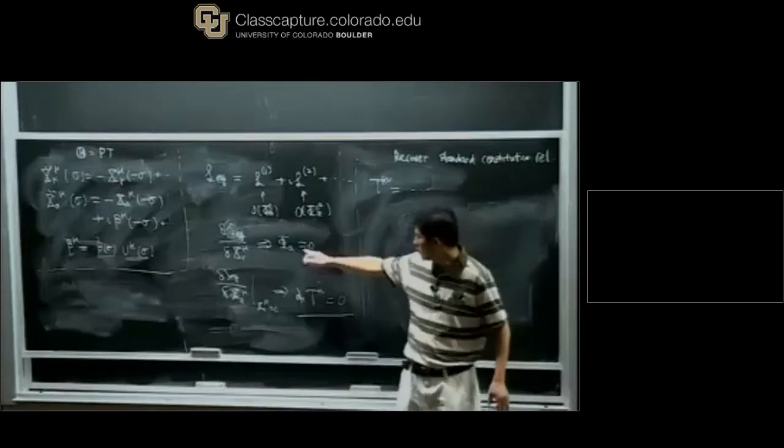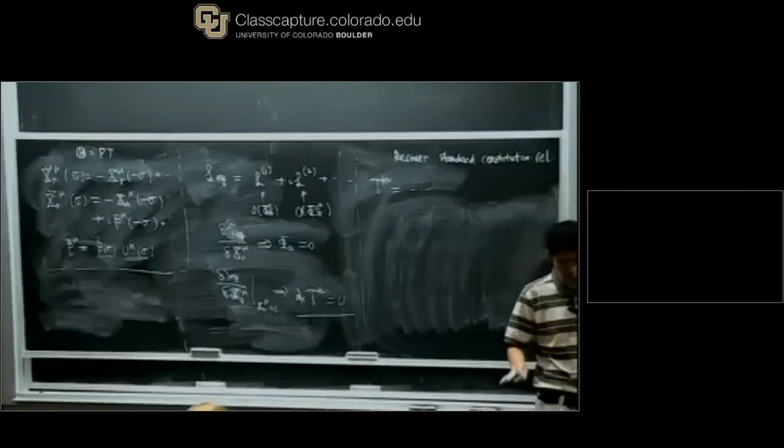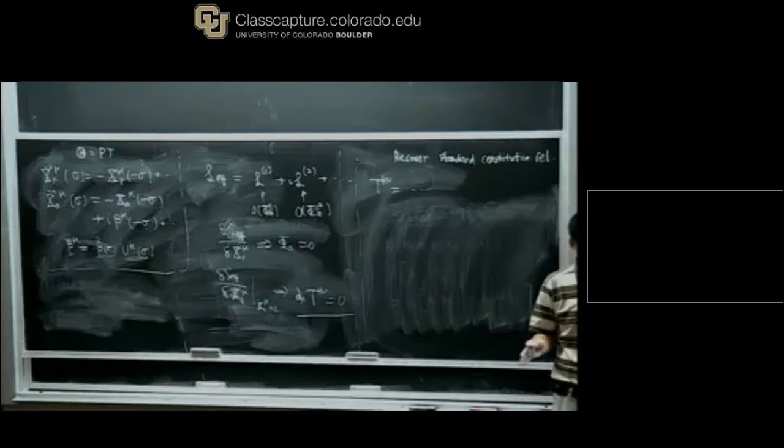If you don't set that source equal to 0, then the A variable is non-zero, and the solution will depend on those A fields. What that gives you is the tree level contribution to various correlation functions.